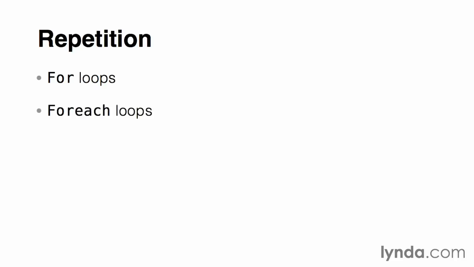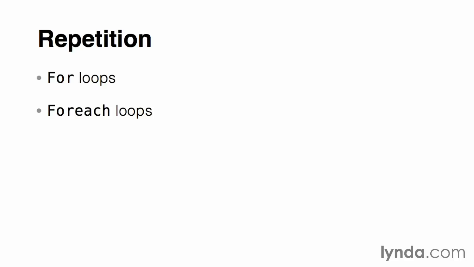C# also provides us with something known as a foreach loop. And a foreach loop is a little bit different from a for loop in that it relies on specific components within the C# language and the .NET framework that allow it to iterate across collections of objects. So you'll primarily use foreach with collections of objects.